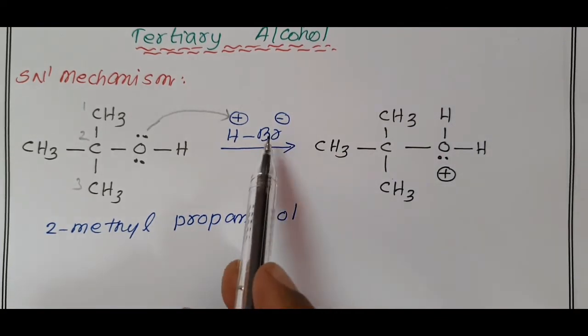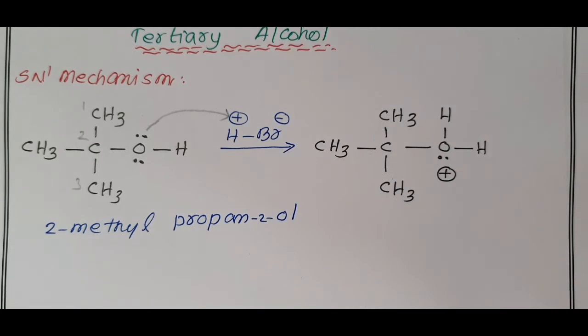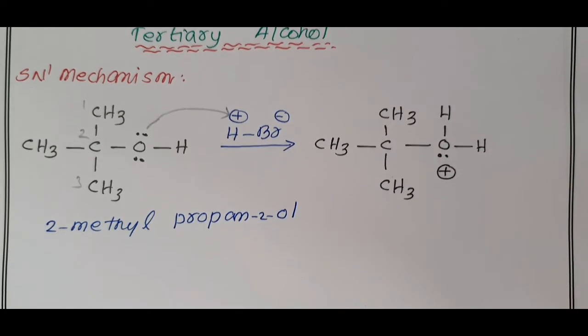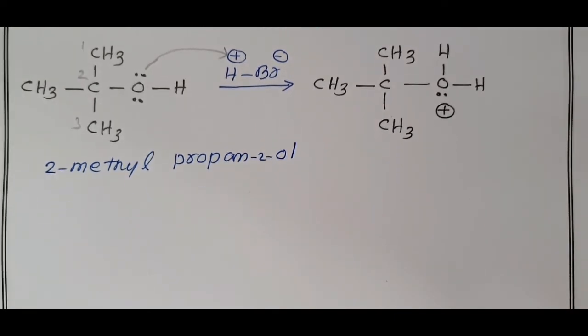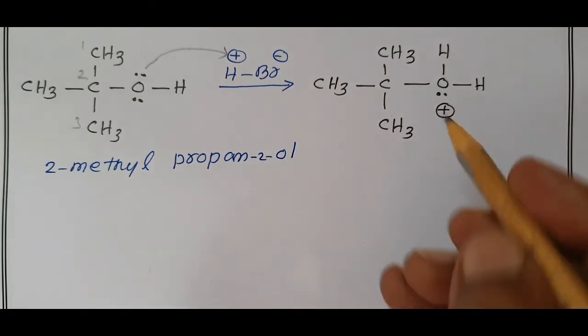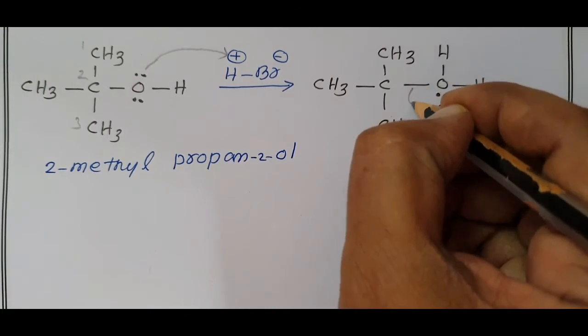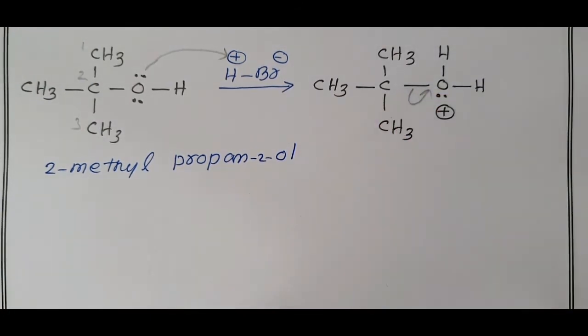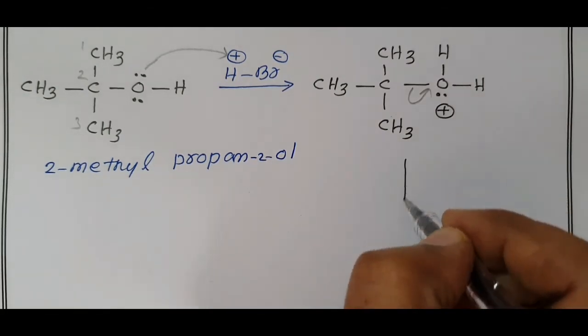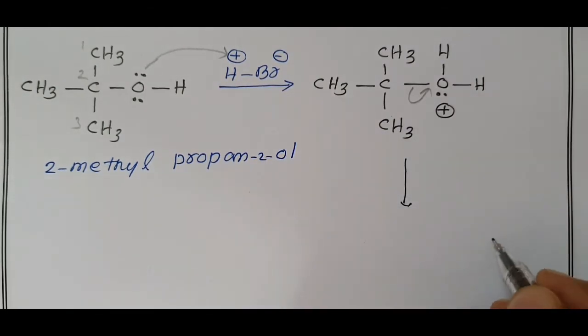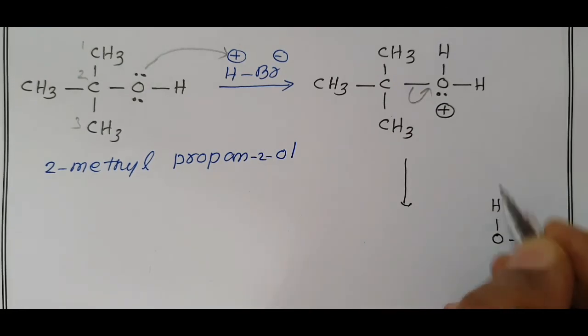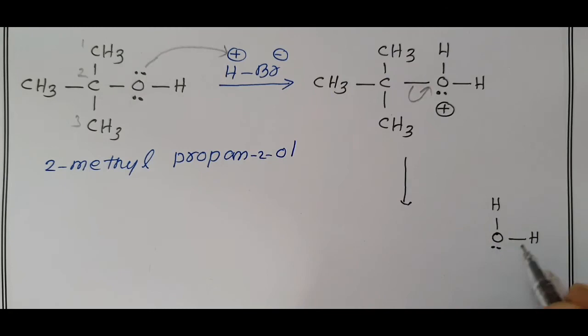In our hand we have Br minus. Whenever oxygen donates a pair of electrons, it removes a pair of electrons from the nearby bond. Carbon loses its electron and here the water molecule is removed first: oxygen, hydrogen, hydrogen. It removes one pair of electrons from the nearby bond.